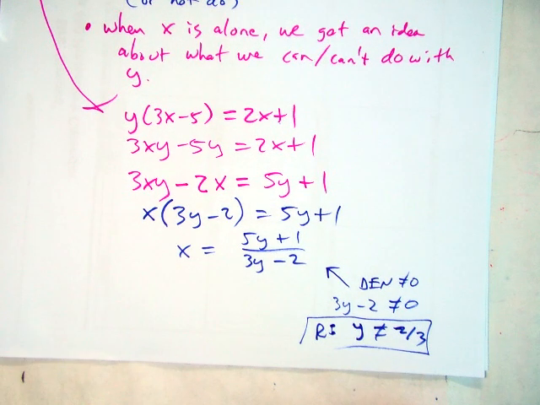Erica? So with normal numbers like these, it's basically like you switch the numbers around. Because you ended up with y equals 2x plus 1 over 3x minus 5, and then now x equals 5y plus 1 over 3y minus 2. Like the numbers aren't supposed to change.